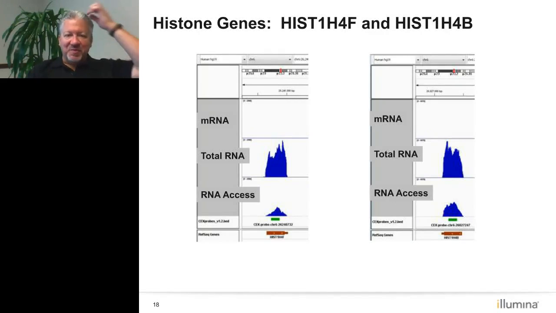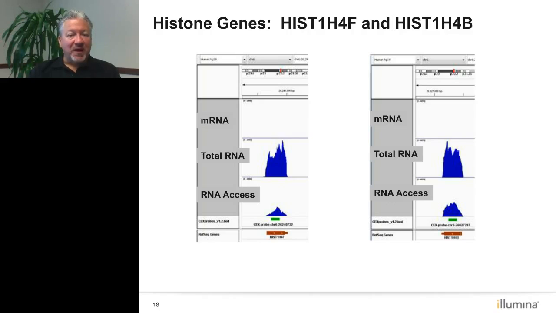Here's probably one of the more interesting examples of a protein coding gene that is not polyadenylated. All of the histone genes, or almost all of the histone genes, are fairly highly expressed. They obviously code for structural proteins, the histones, but they are notoriously not polyadenylated. So in all of our preps over the years, whether we're doing microarrays or RNA-Seq, if you're doing a poly-A-based approach, essentially the histone genes are completely lost.